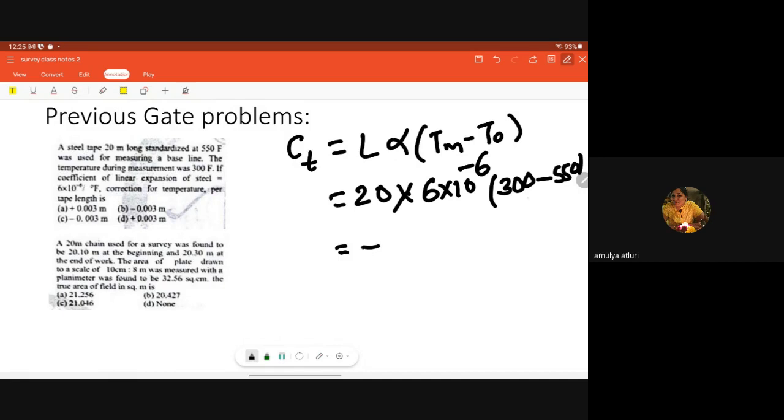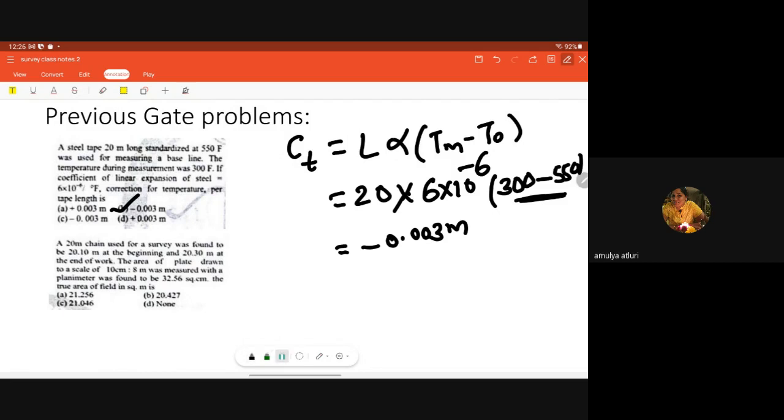It will be minus 0.003 meters. So D is your option. So this is your temperature correction for this problem, right?